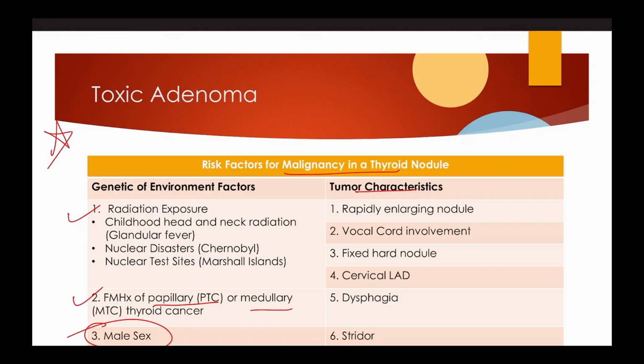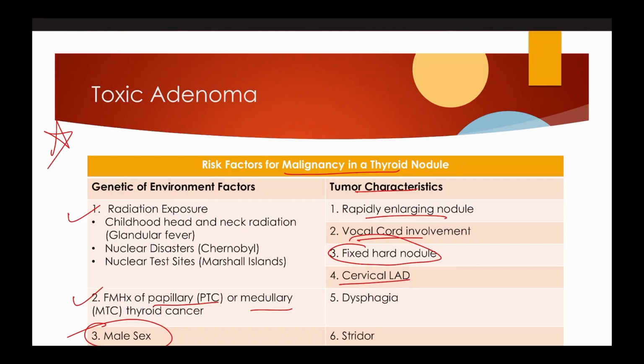Characteristics of the tumor. If the growth is fast, more likely to be cancerous. So how fast did this thing get enlarged? Vocal cord involvement. Obviously, the thyroid got bigger to the point where now we're affecting the laryngeal nerve. Is it a fixed, hard nodule? The thing is not moving. It's fixed in one area. It doesn't really flex.